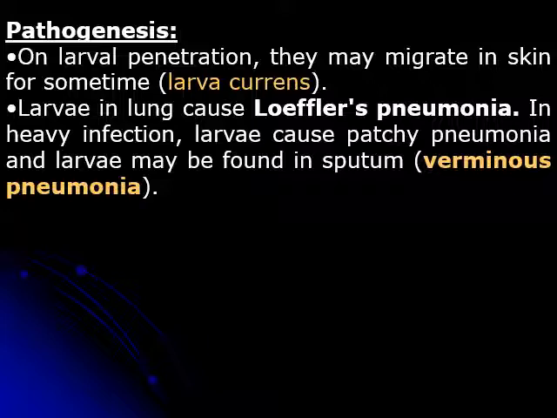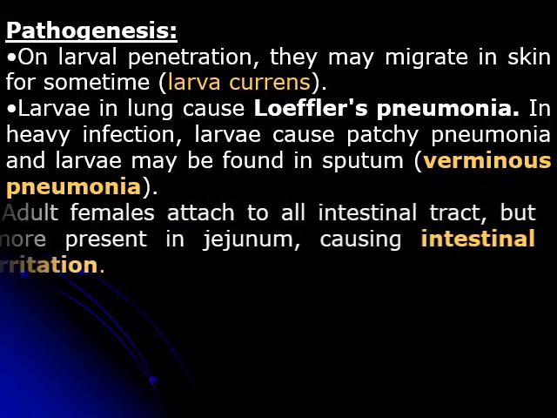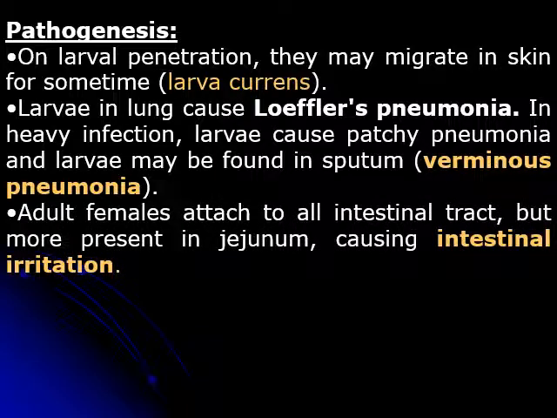And with heavy infection, the larvae cause patchy pneumonia, and the larva may be found in sputum, what we call verminous pneumonia. Adult females attach to the wall of the intestine, all the intestinal tract, but more present in the jejunum, causing intestinal irritation.